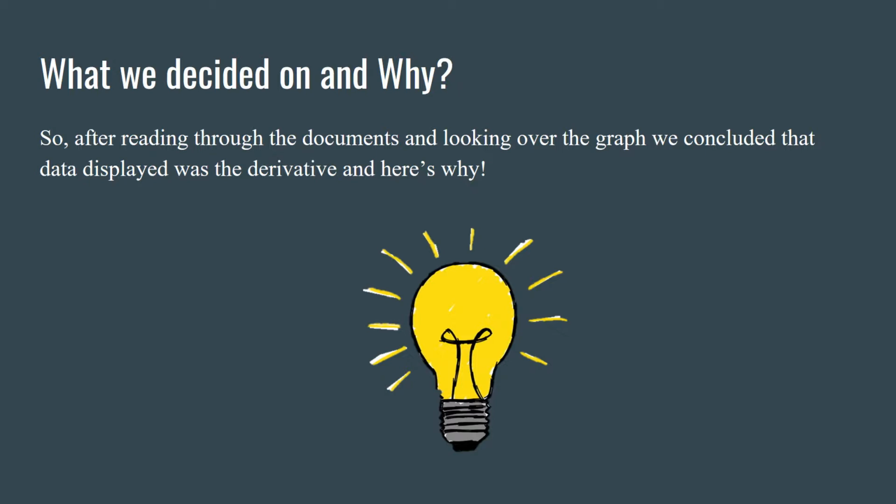It is stated that Figure 3.1 shows the absolute growth velocity of the fetus and placenta from the 16th week of gestation to the 25th week. Since velocity is the speed at which something is moving, and the unit being used for growth of the fetus on the y-axis is grams per day, which can also be seen as the rate of growth, we've concluded that the graph is displaying the derivative.